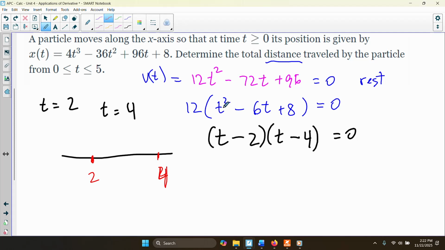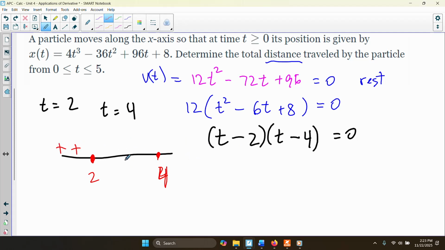I know this is a parabolic shape and it's going to go through these zeros. But remember, if you don't see that, or it's more complicated, you literally put test points in. Let's put a 0 in here. What happens when t equals 0? This is negative, and so is this: minus 2 and minus 4. So this is positive.